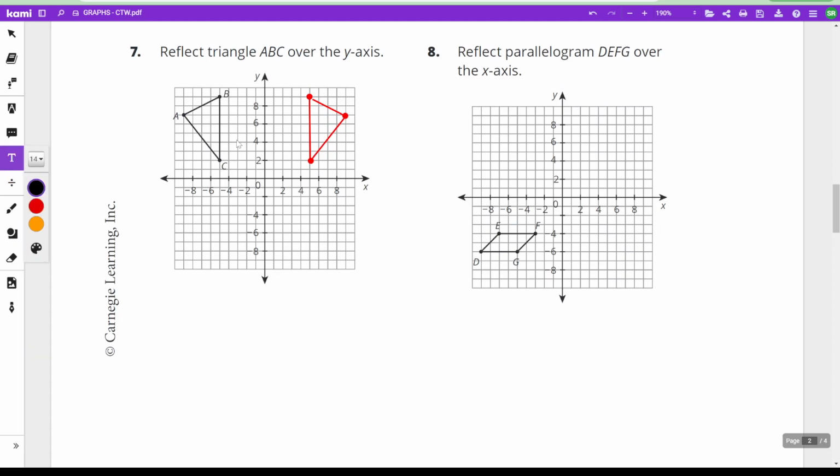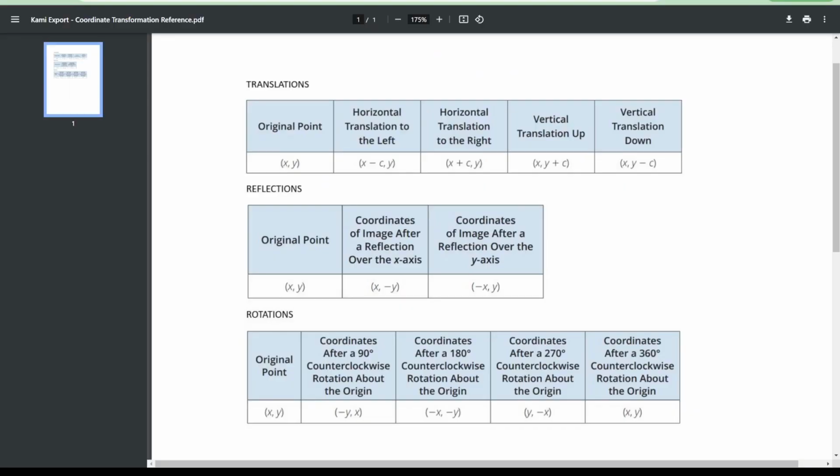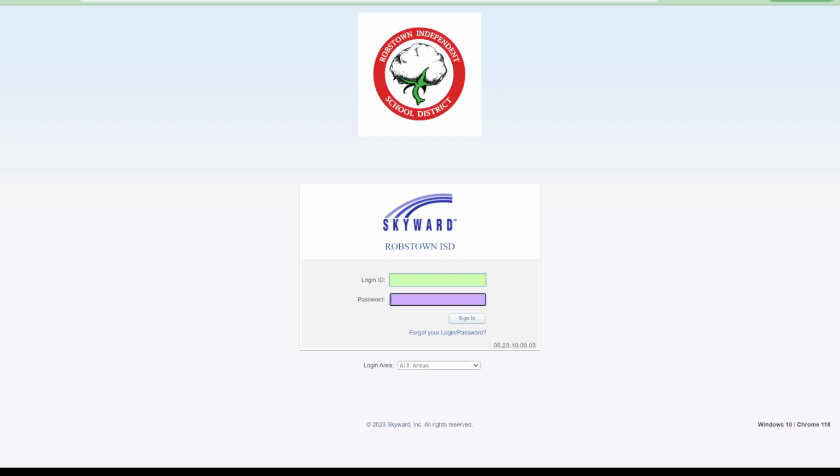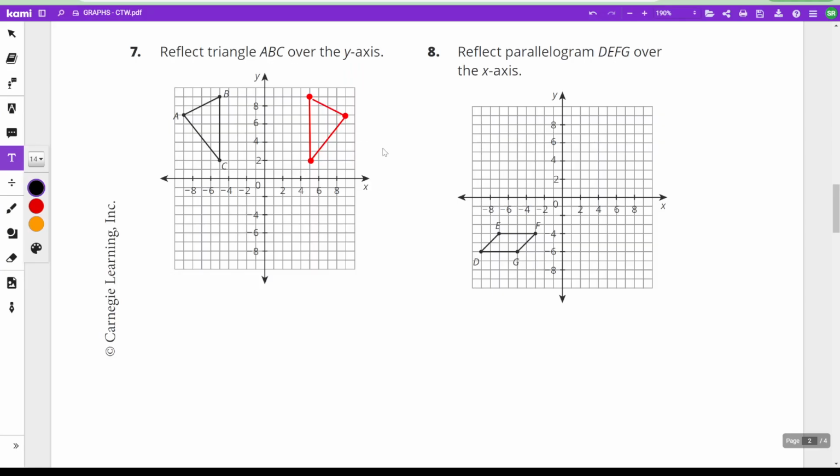Okay, now if we go back to our coordinate transformation sheet, we'll see that if we reflect over the y-axis, our y stays the same, but our x changes signs. And we can see that here, right? These are our y values, and so our y value stayed the same, stayed at 2, but our x-coordinate changed signs.